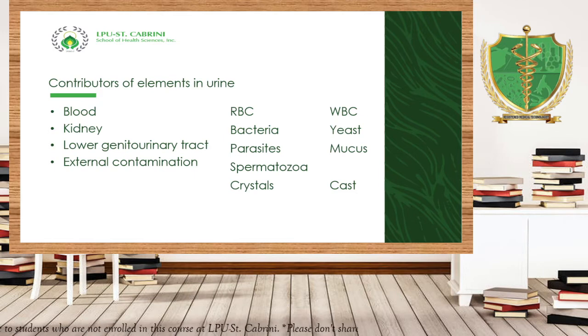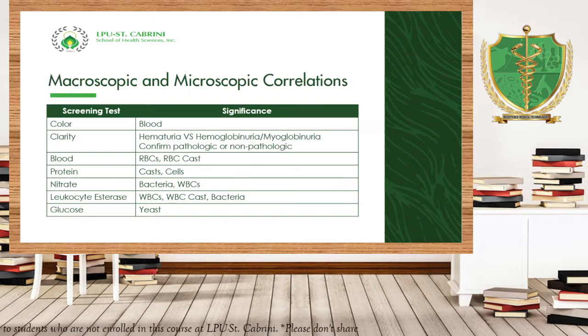And these insoluble substances, what are those? We have the RBC, the WBC, the bacteria, yeast, parasites, mucus, spermatozoa, casts, and crystals, okay? Which will be discussed further as we go along in this discussion.